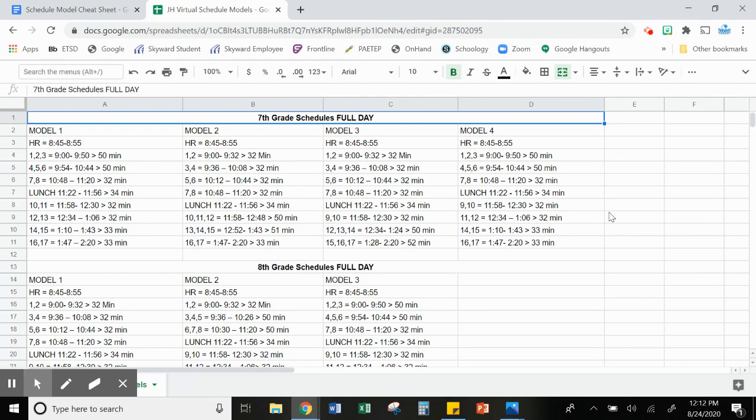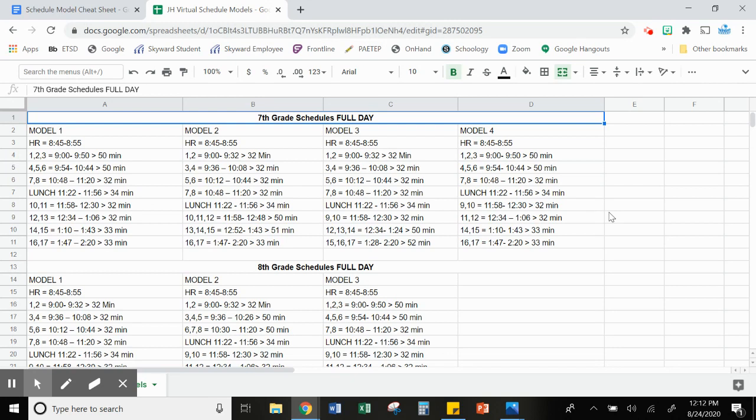It works very well for us, both in a brick and mortar setting, and will work really well for us virtually. But for you at home, what's important for you to know, number one, is that you will follow one of the models that you see here before you.